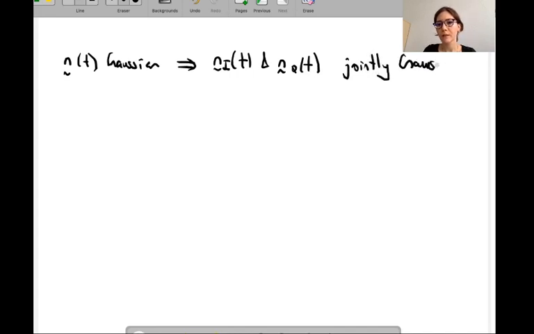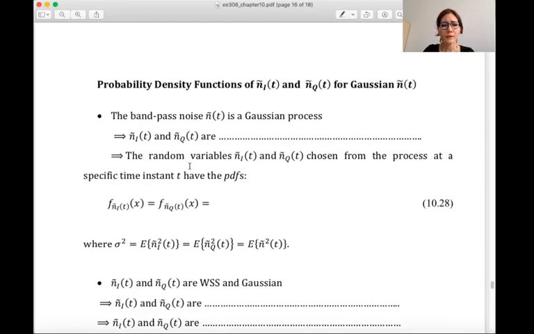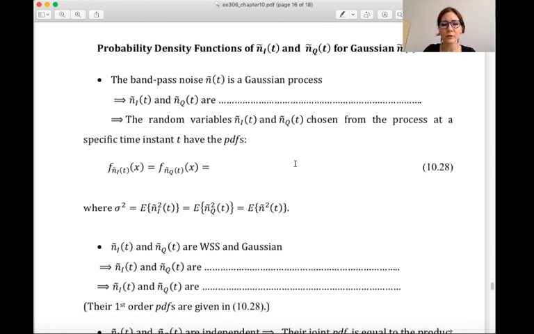Again, this came from the argument that these are obtained by taking linear combinations of some jointly Gaussian random variables. So in the second place, if these are jointly Gaussian random processes, if I take Ni(t) at a certain t value and Nq(t), then I should be able to write down their individual PDFs, right? They are just the Gaussian density.